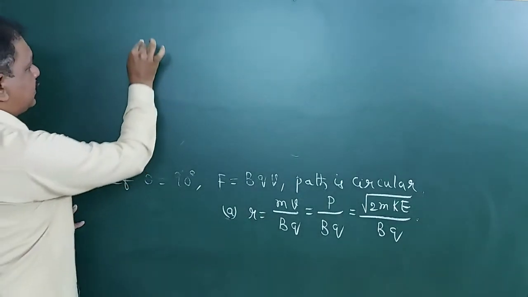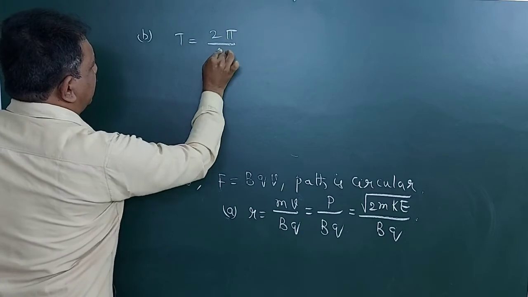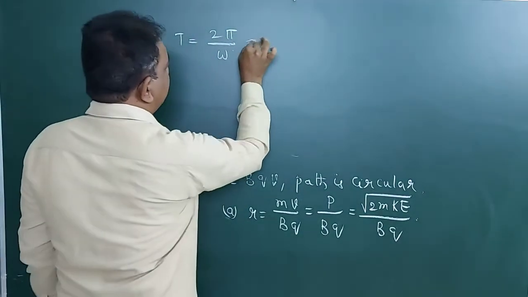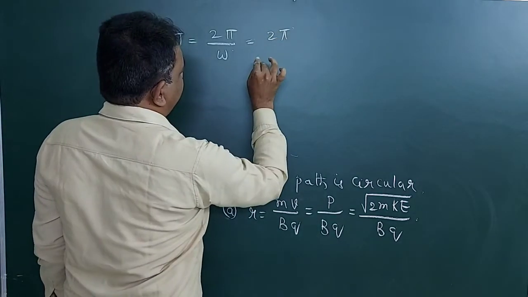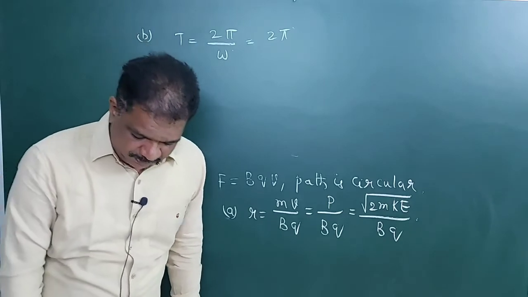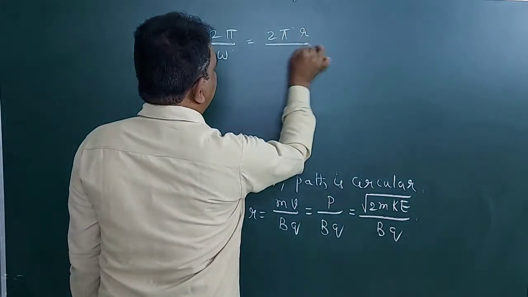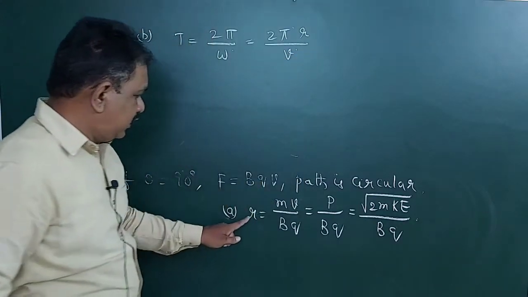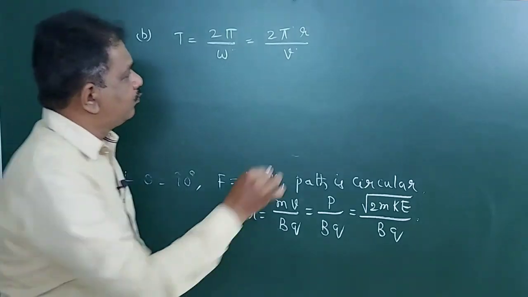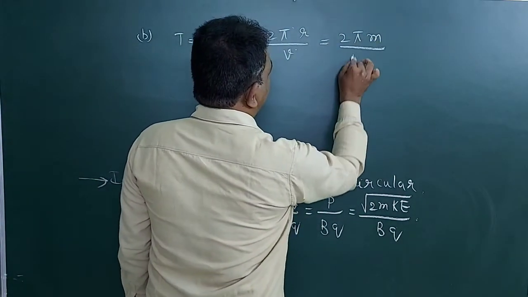T is equal to 2 pi by omega, and omega is v by r. So v is equal to r omega, na? Omega is equal to v by r. So here 2 pi r by v. See this formula, r by v means m by bq. So it becomes 2 pi m by bq.